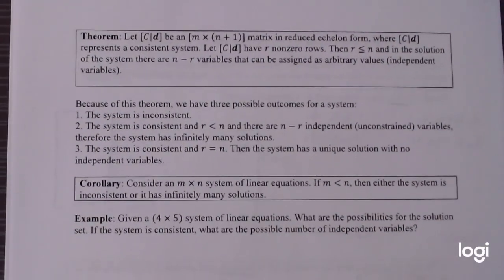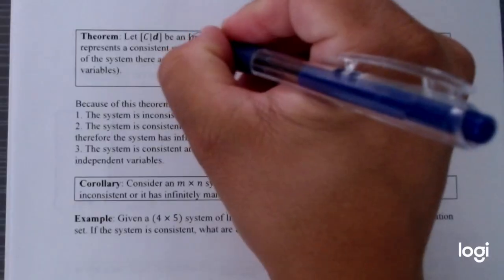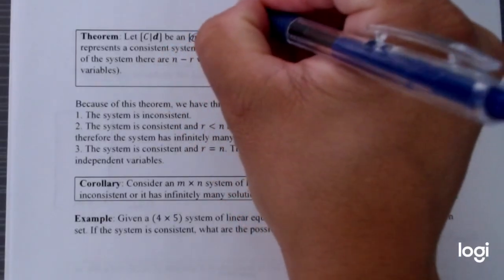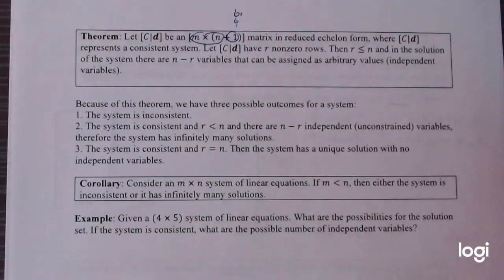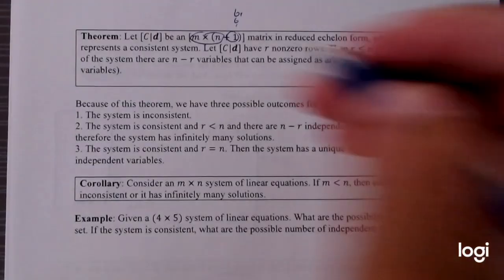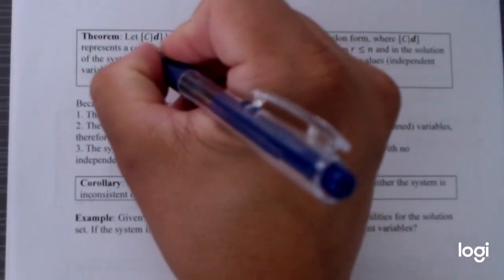Let C be the augmented matrix such that it's m by n plus 1. This plus 1 is the answers to the b's, the b1, b2, b3. That's what that represents. It's a matrix in reduced row echelon form, where the augmented matrix represents a consistent system, so we actually have an answer. That's a key thing.